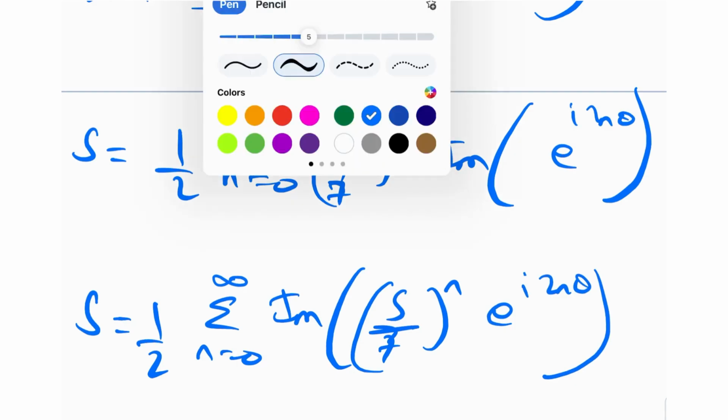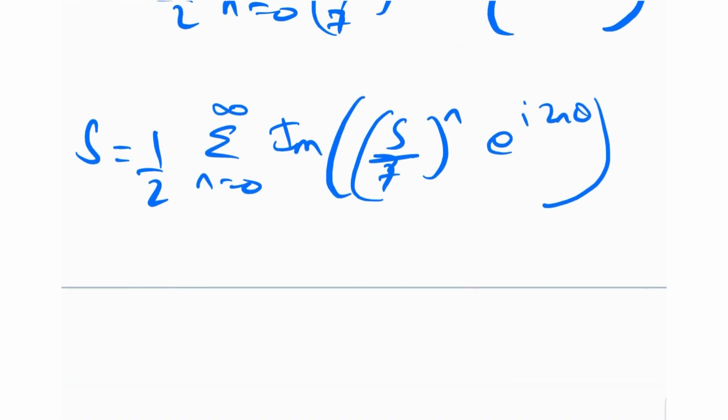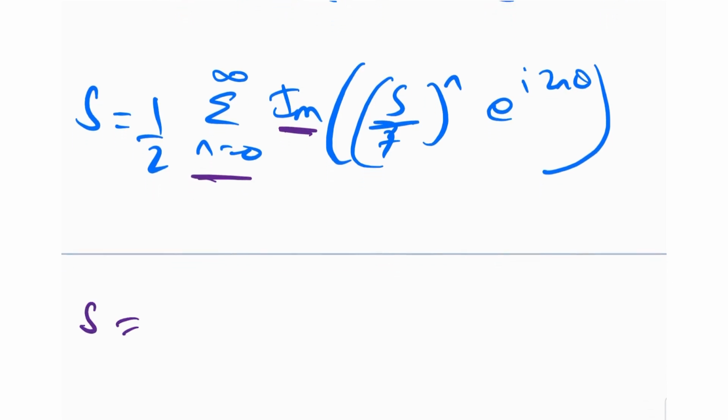Now that's an interesting result. The sum of the imaginary parts is actually equal to the imaginary part of the sum. So whenever you have a summation of an imaginary part, you can swap the summation and the imaginary part, and it will still be the same expression.